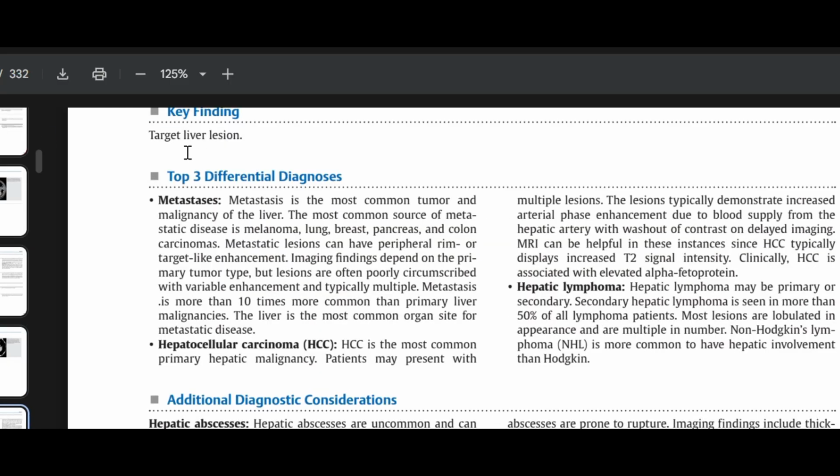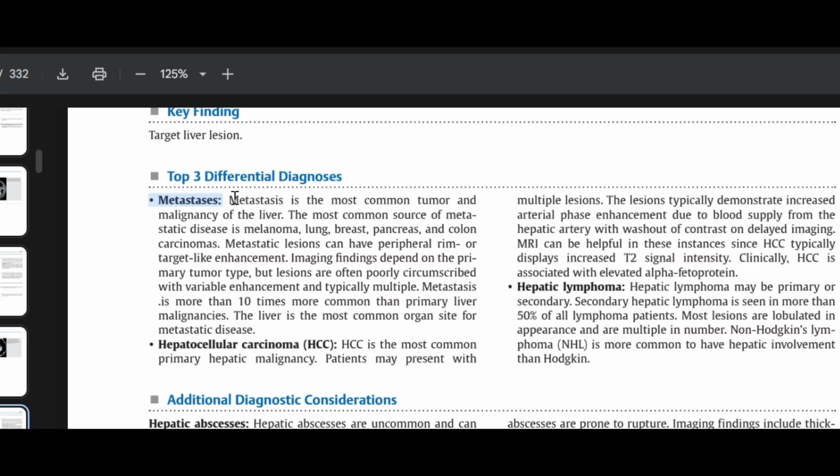So this is a differential diagnosis of target liver lesion. The first possibility is metastases. Maybe multiple hepatocellular carcinomas, hepatic lymphoma, hepatic abscesses.